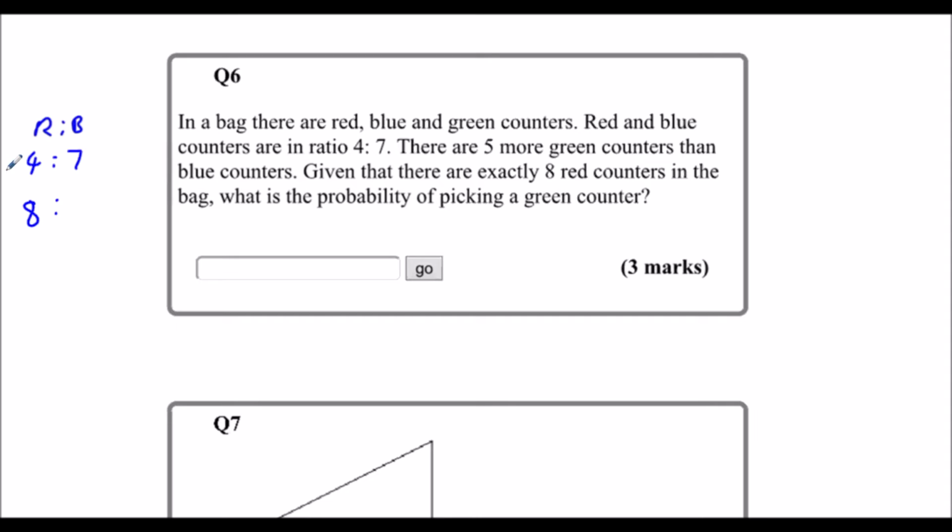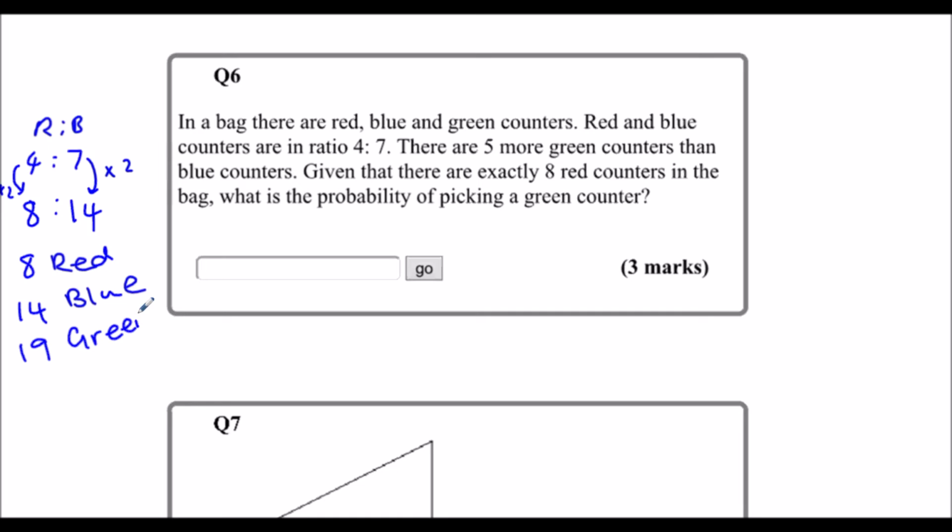So how many blue? So the ratio is 4:7. So we times 4 by 2 to get 8. So if we times 7 by 2, that's 14. So there's 8 red counters in the bag, 14 blue counters, and 5 more green than blue. So adding 5 on to 14 is 19.